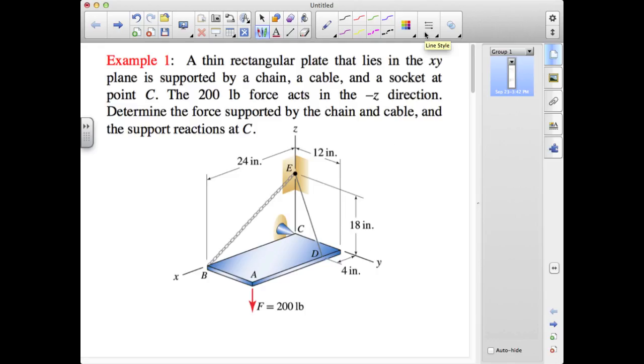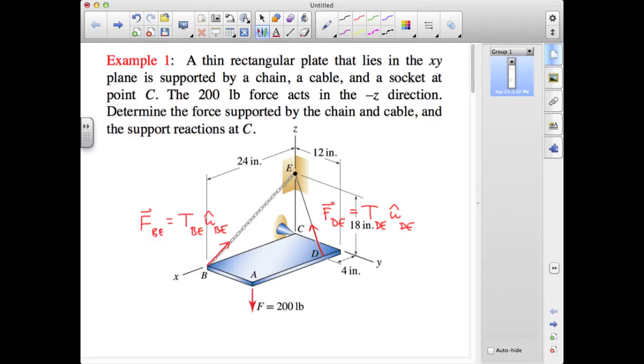We'll begin by drawing a free body diagram, and in this case I'll just draw the forces directly on the figure. We have a force that points from B to E, and we will express that as a tension to be determined on a unit vector that points from B to E. Similarly, for the cable, we'll have a force that points from D to E. That's a tension we have yet to determine on a unit vector that points from D to E. Finally, we have 3 force reaction components at the ball and socket joint.